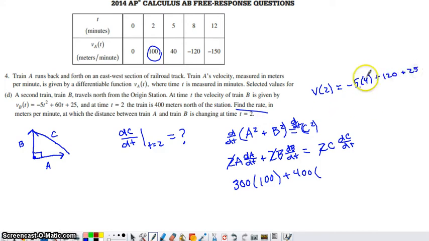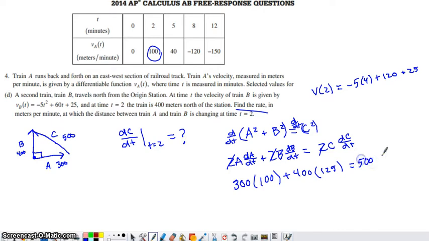If you simplify this, negative 20 plus 120 is 100, plus 25 gives you 125. And then the value of c at this time, well, this is 400, and this is 300, so this is really a 3, 4, 5 triangle, and that's going to end up being 500 at time 2. So we'd be putting 500 here.